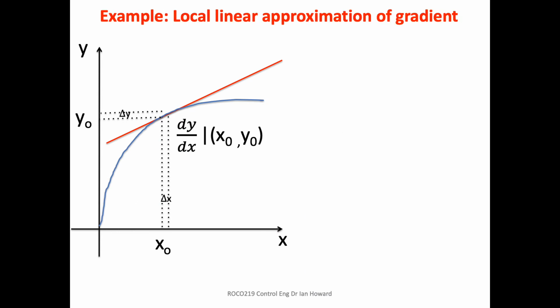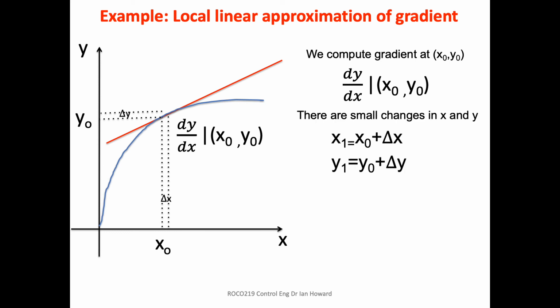Let's take that a bit further. Imagine we've got the gradient dy dx at that particular point, x0, y0. For a tiny little deviation, we've got a relationship as follows. First of all, this is definitely true: x1 is x0 plus delta x, and y1 equals y0 plus delta y.